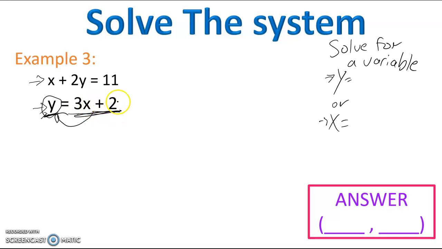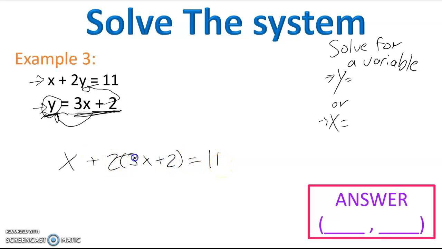We're going to take this and substitute in for the y in our other equation, okay? So we're going to take this 3x plus 2, and put it in wherever we have a y. So this is what I'm going to get: x, the x stays the same, plus 2, and then instead of a y, I'm going to put in 3x plus 2, to get x plus 2 times 3x plus 2 is equal to 11, okay?